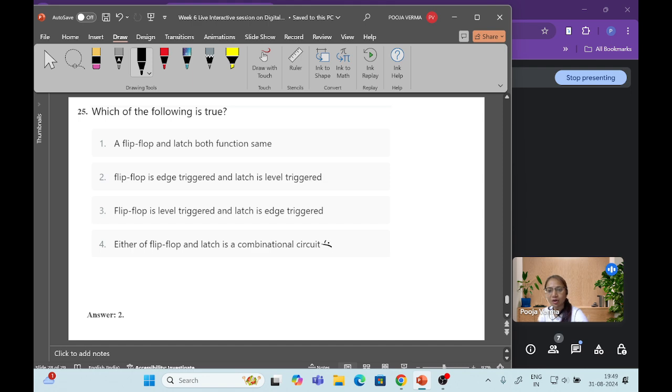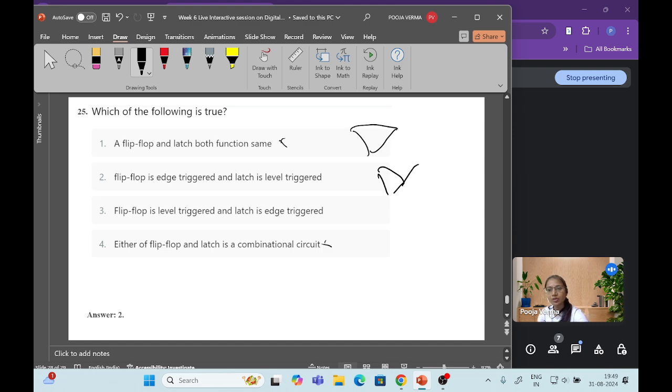So option 4 is wrong. Do a flip-flop and latch both function the same? No, flip-flops are made using latches. A latch is only one stage, but in a flip-flop we connect two stages of latches. The flip-flop output changes when the clock is applied, while a latch output changes continuously as the input changes.